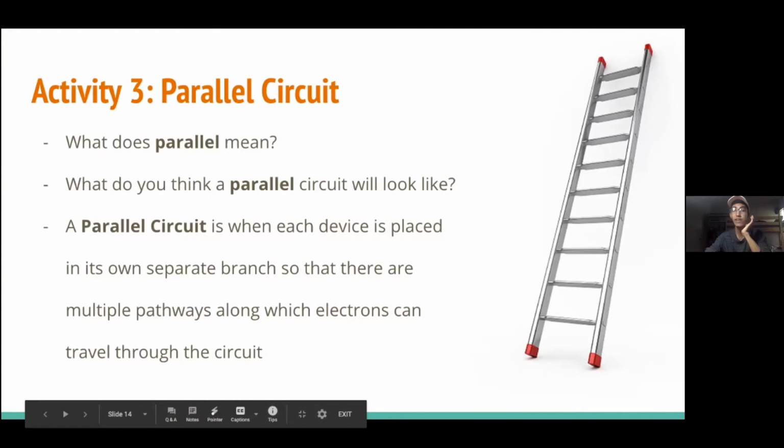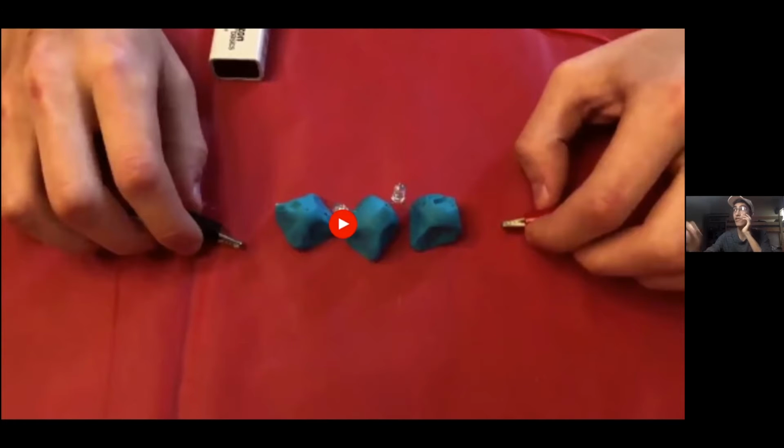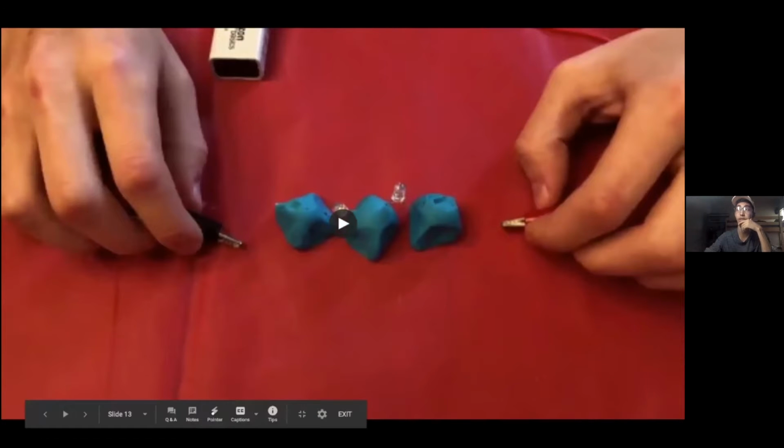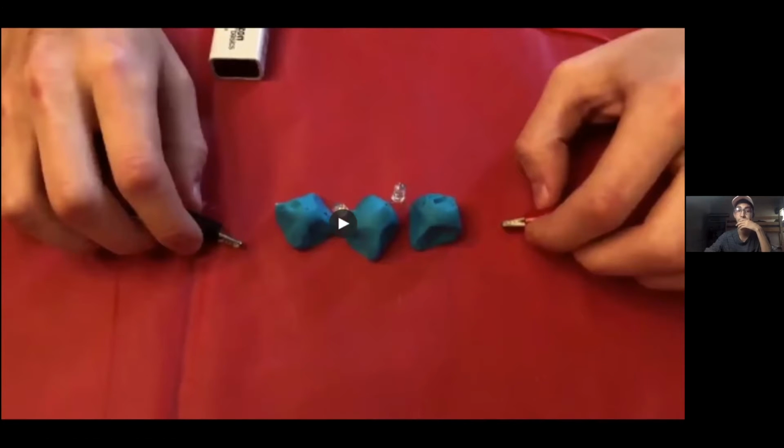Great. Go ahead and type your predictions in the chat. What happens when the two alligator clips are connected to the ends of the Play-Doh? It will work. We'll both light up. Both light up. Yeah, you guys are getting it.